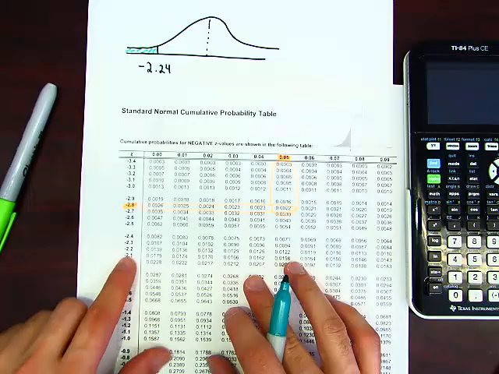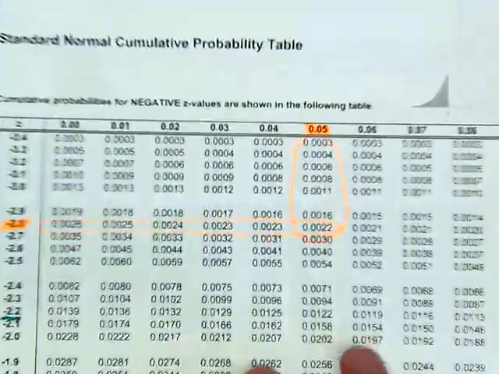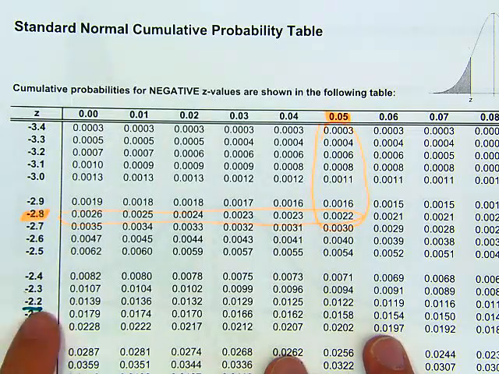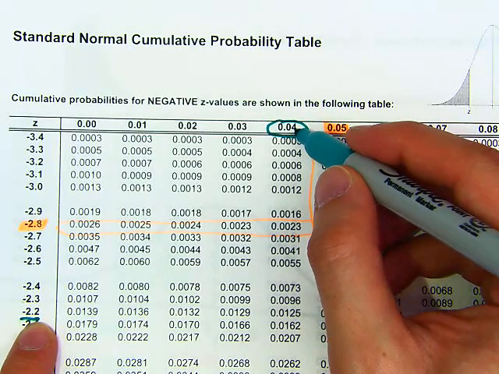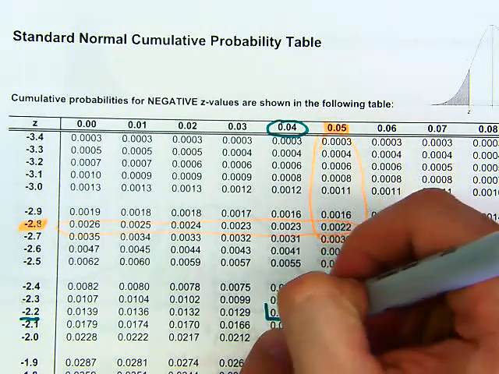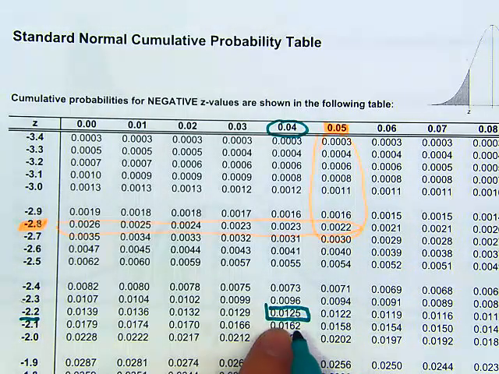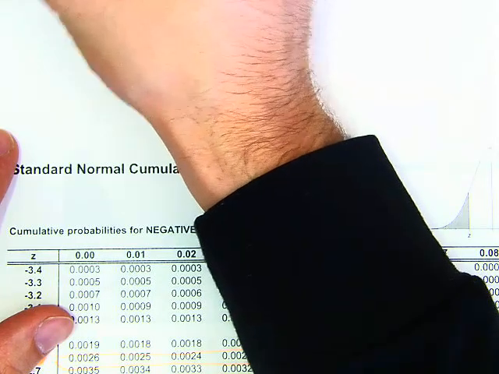So -2.2 is here. And let me zoom in. -2.2 is here. And then we go to 0.04 over here. And then here it is, boom, here. That's that value. So it's 0.0125. So 0.0125 is that area over here.